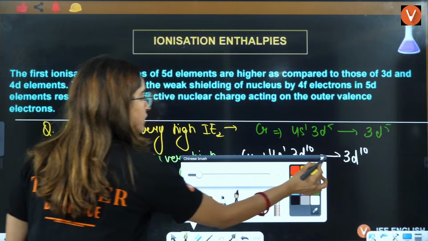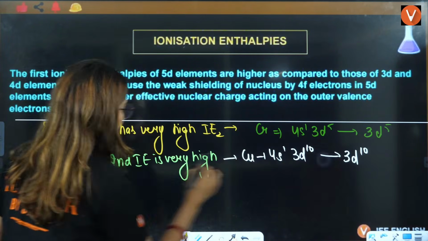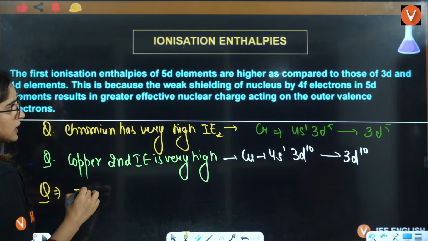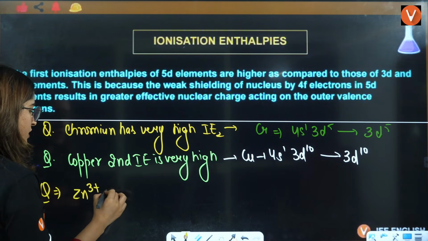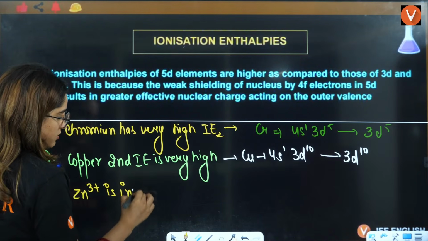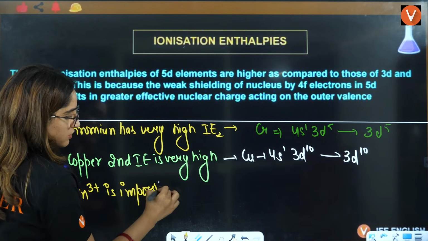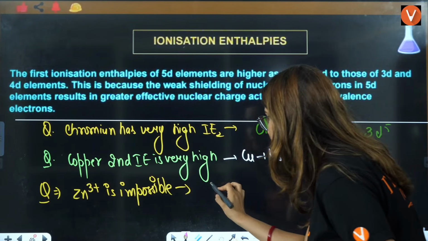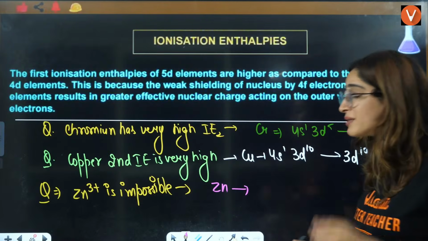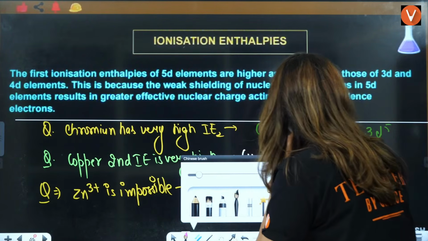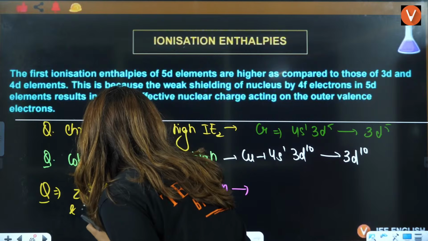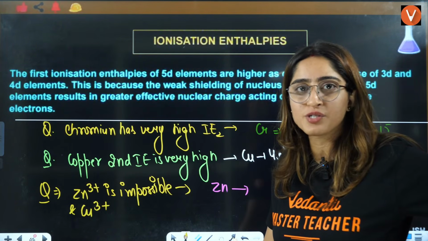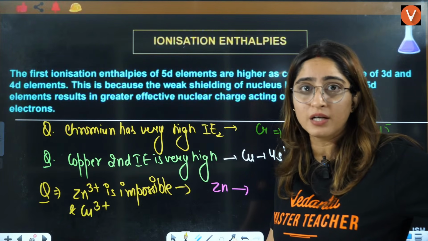On similar grounds, you have one more question, that is zinc 3+ is impossible. Can you tell me why? Similar thing, even copper 3+ for that matter. You must have never heard of zinc 3+ or copper 3+. It's very difficult, right?